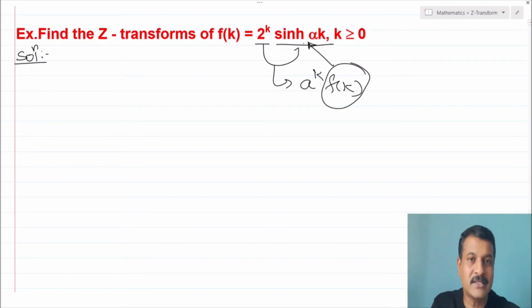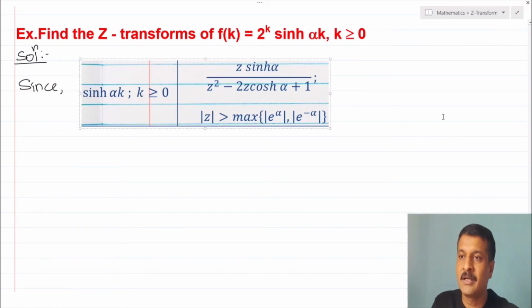By using the standard Z transform, the Z transform of hyperbolic sine alpha k is z into hyperbolic sine alpha upon z square minus 2z hyperbolic cos alpha plus 1, where mod of z is greater than the maximum of mod of e raised to alpha and mod of e raised to minus alpha.